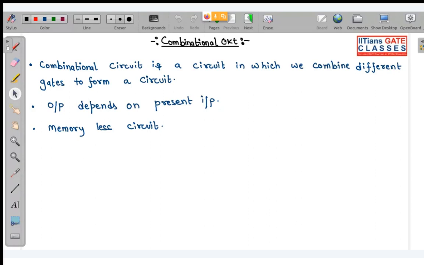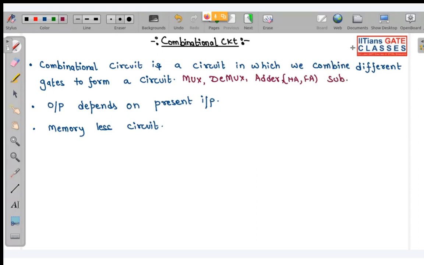For example, multiplexer, demultiplexer, adder, half adder, full adder, subtractor. Like this there are a lot of combinational circuits that we have. We are going to study them one by one.